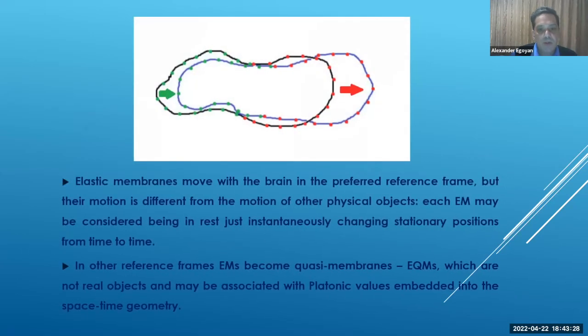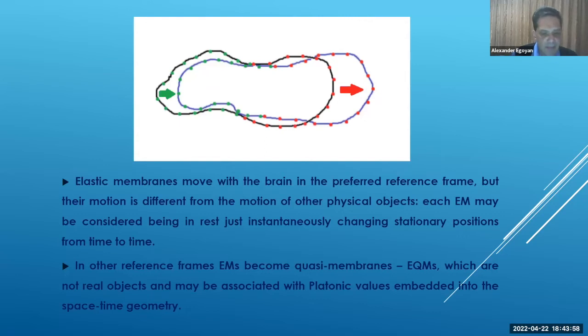This picture shows how an elastic membrane, a one-dimensional elastic membrane, changes its position. It has two parts. One part is marked by green markers, and the second part is marked by red markers. When one part is moving, another part is at rest.